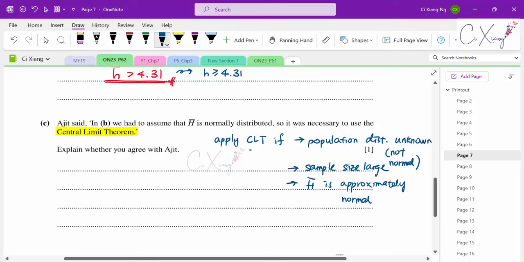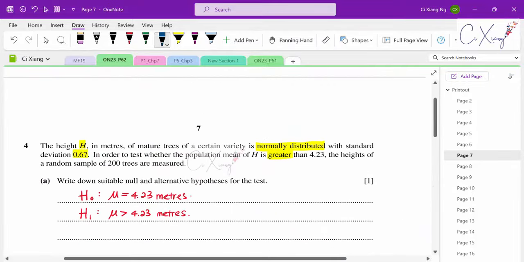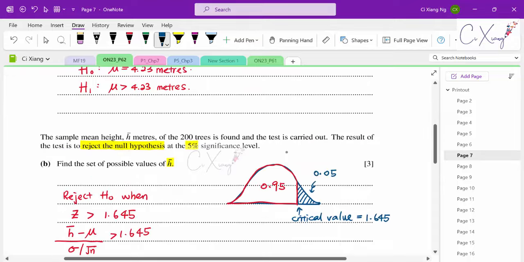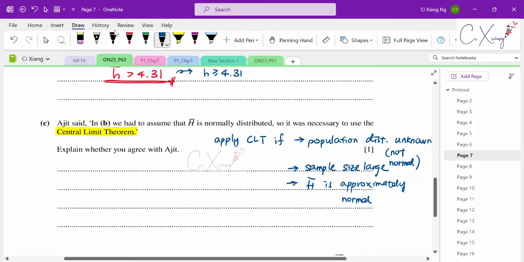But now if you look at our question here, our population is already stated clearly to be normally distributed. So if my population is normally distributed, basically we need not apply the central limit theorem. So for this question, we will not agree with what Ajit said.